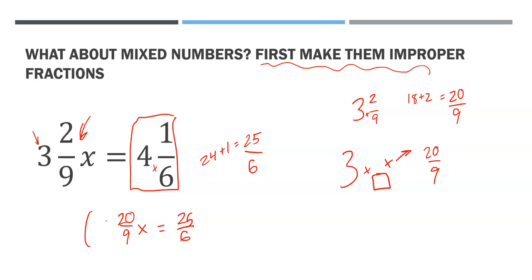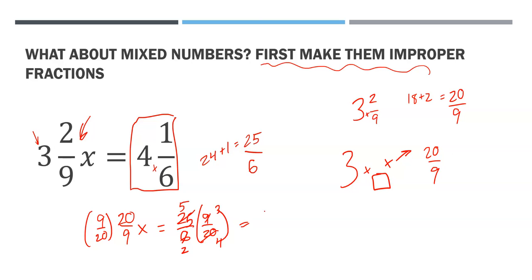Well, first you would multiply by 9/20 on both sides. And I'm going to do some cross-canceling. So 25 and 20 both are divisible by 5. You get a 5 here and a 4 here. And 6 and 9 are both divisible by 3. I get a 2 here, and divide by 3 and get a 3.